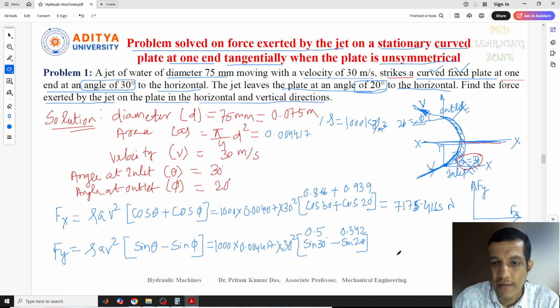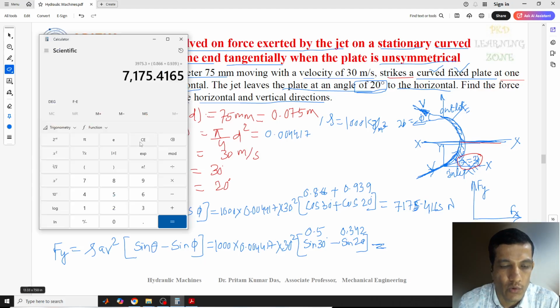Similarly, this also we can calculate in the y direction. Again the same repetition we need to do. This is 1000 multiplied by 0.004417 and multiplied by 900 exactly.